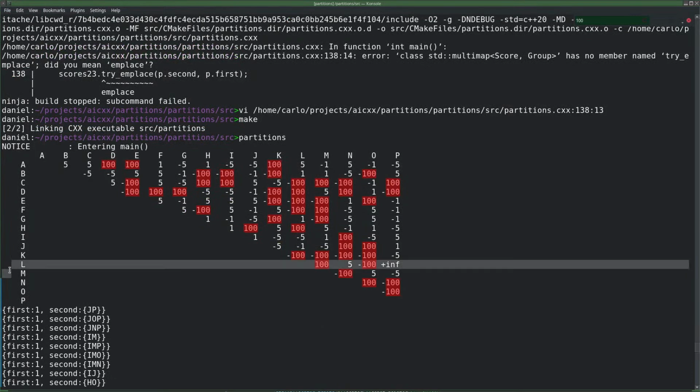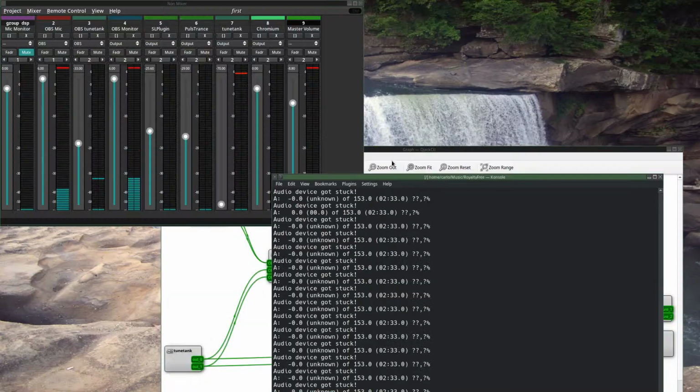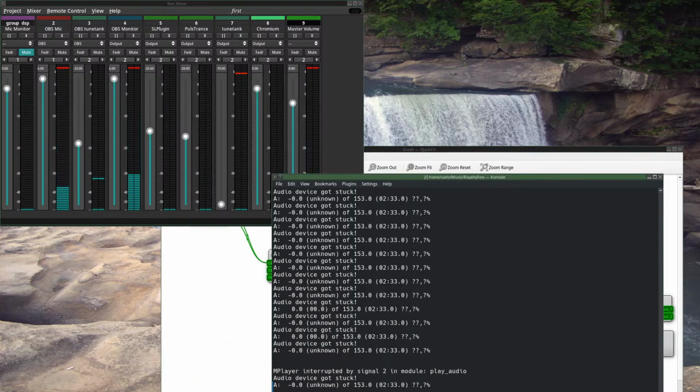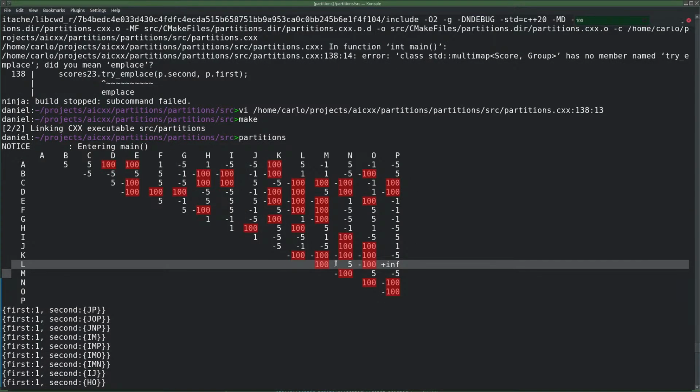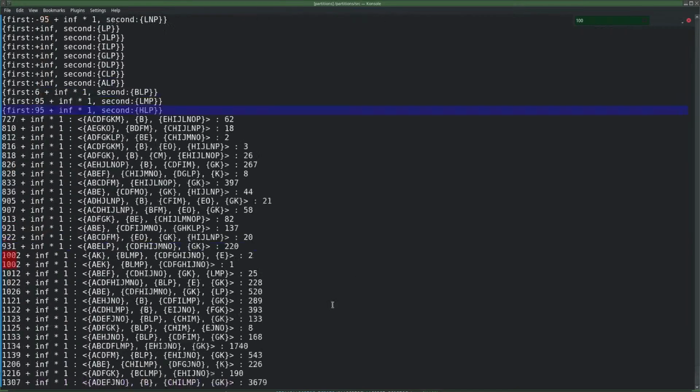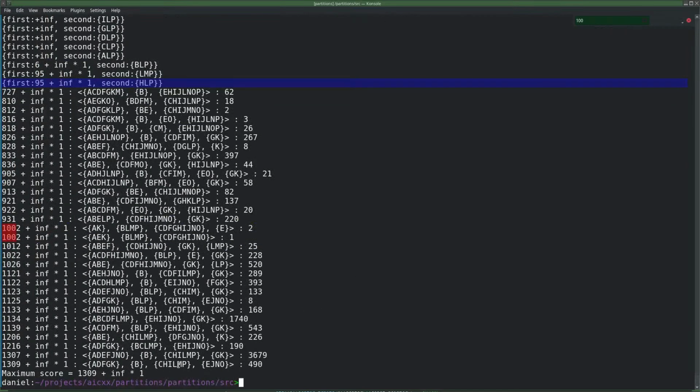L and P. I put L and P together. Got stuck again. Okay, L and P are together, right? Yep, here. L and P are together.